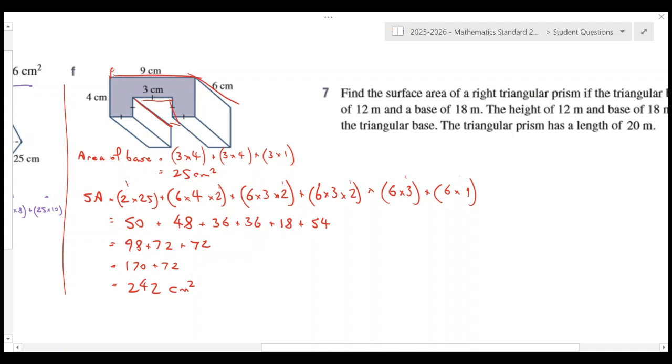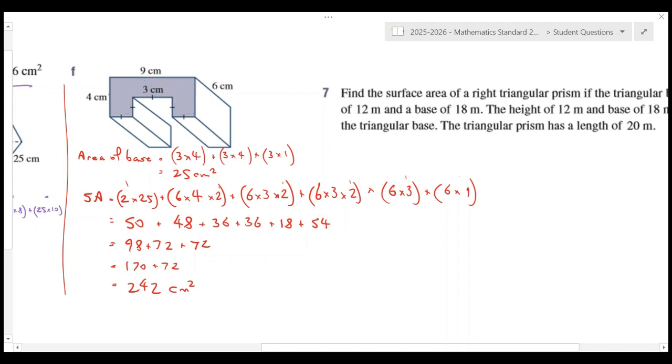I have a feeling that's different to what the textbook gives, and I'm just now going to quickly double check and make sure that I'm right and it's wrong, or the other way around. So let's have a look. This one here, I've split into those shapes. So I've got 4 by 3, and I've got 4 by 3, and then I've got this one, which is 3, and it has to be by 1 because I've got that.